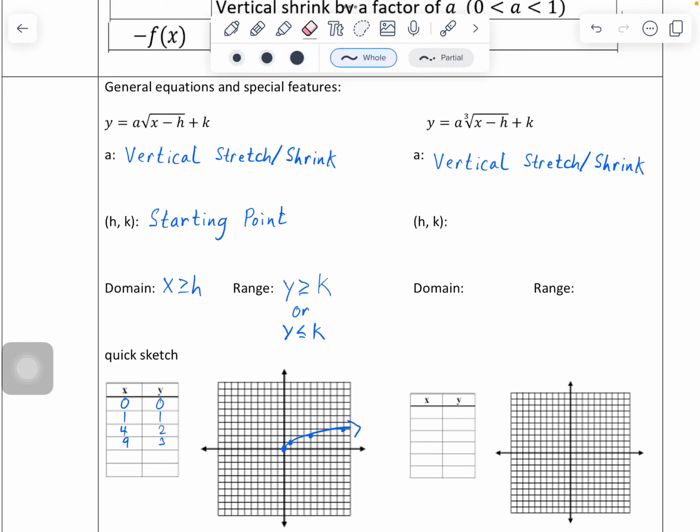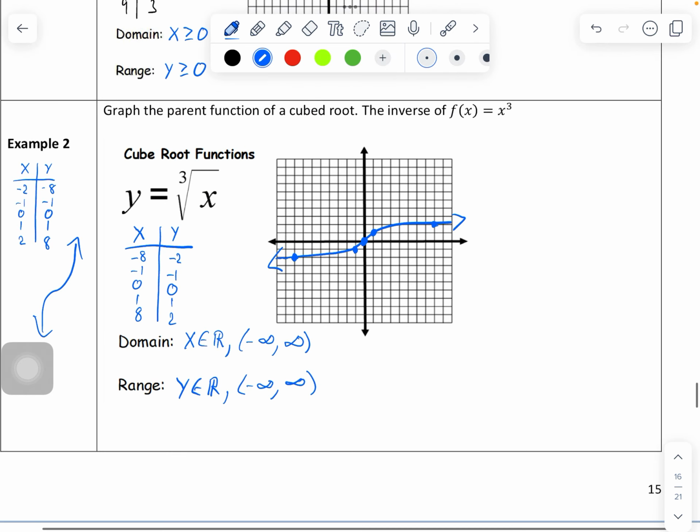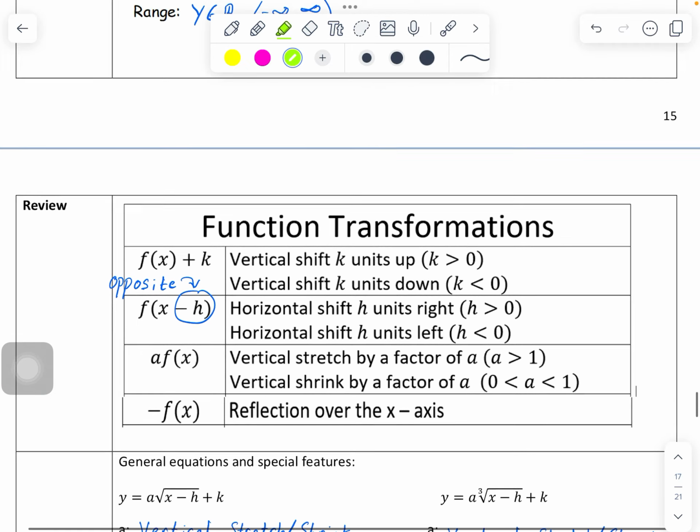Think of it more as your turning point. And it's going to be directly in the middle. So if we look back at this graph here, the point that we were talking about was 0, 0. So let me just highlight that here. This would be our h and k point. That has to do with the shift.